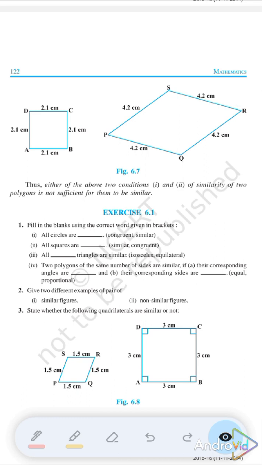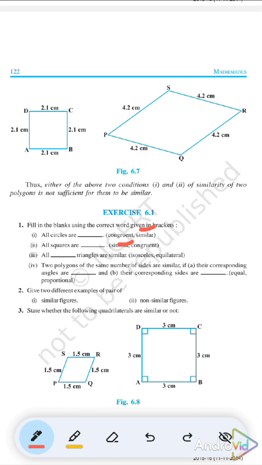So now let's solve exercise 6.1. Fill in the blanks using the correct word given in brackets. So first statement: all circles are similar. All squares are similar. All equilateral triangles are similar.